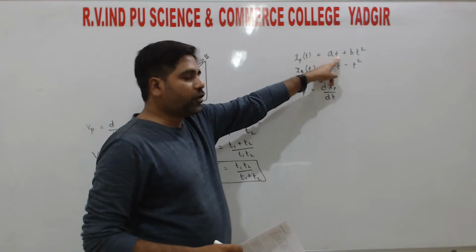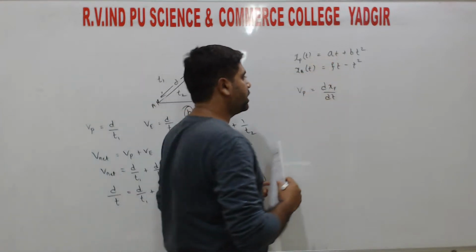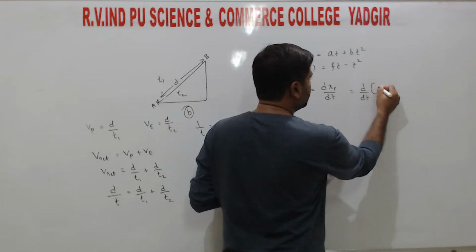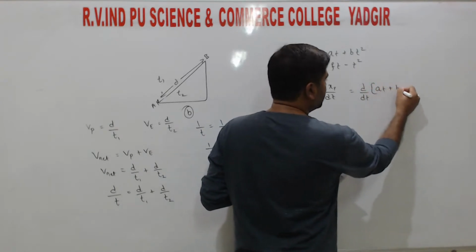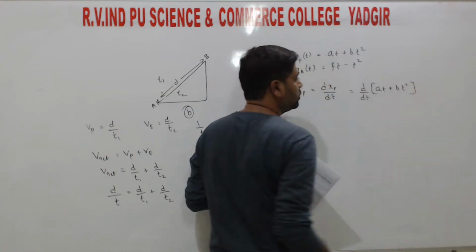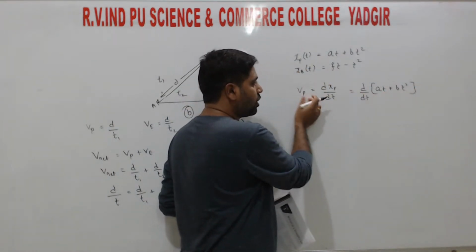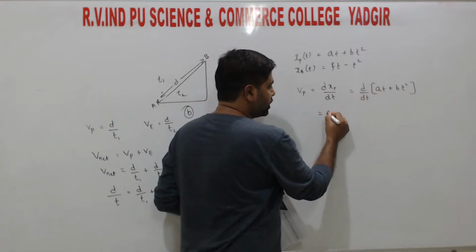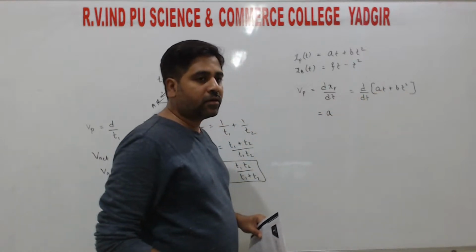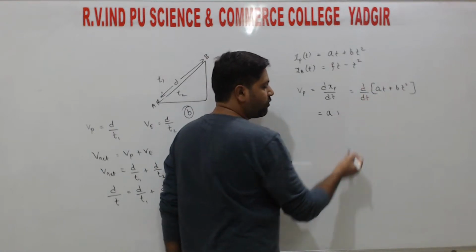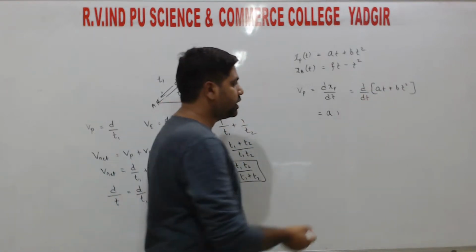So now we need to differentiate this relation, right? d by dt of at plus bt square. If we differentiate this relation, we get the velocity of car p. So a is a constant, keeping it as it is, right? So if we differentiate t, that is dt divided by dt, that value gives 1, right?